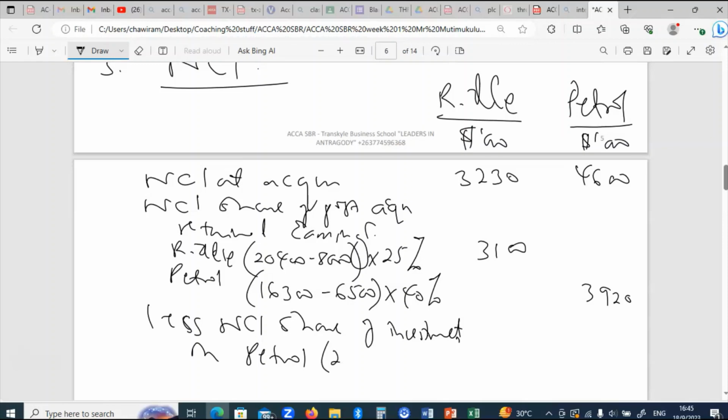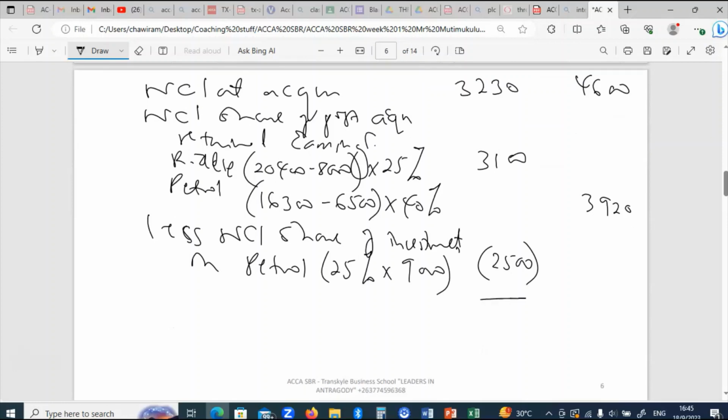So we are going to say 25%, multiplied by the consideration transferred, or the cost of the investment, which was 9 million. And we get 2.25. So the NCI value should also be reduced.